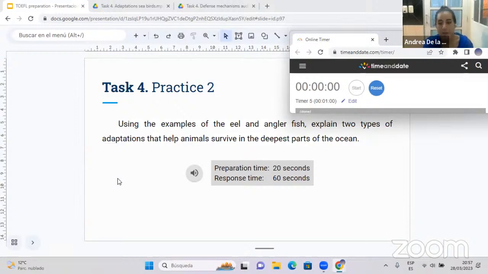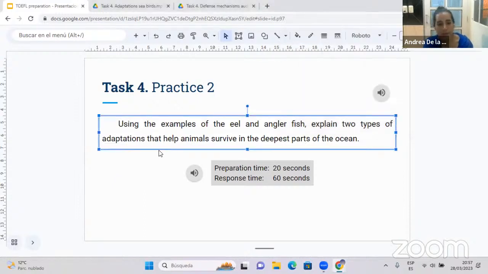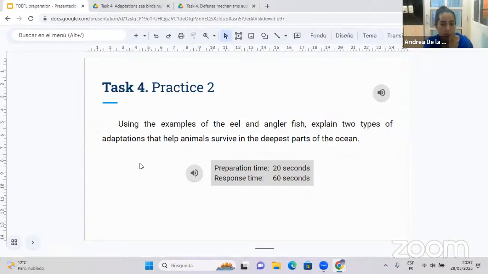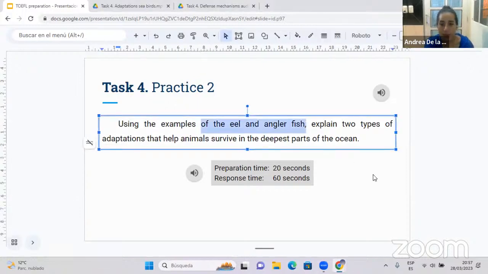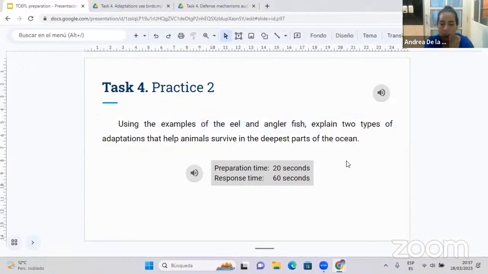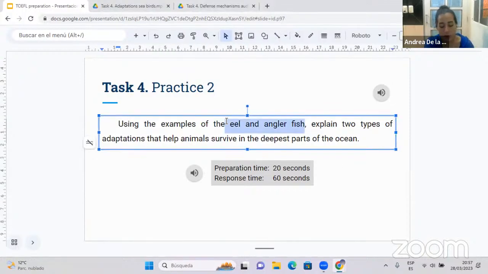And one more thing, and this goes for everyone: when you have biology, you will always have something exactly like this. You have the topic, you have two subtopics, which are never going to be concepts, and you have two examples, which are two animals or plants. Now, the tip is, since you're going to be dealing with animals and plants in your examples, you have to be careful with the pronouns that you're going to use.